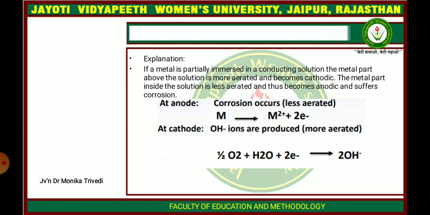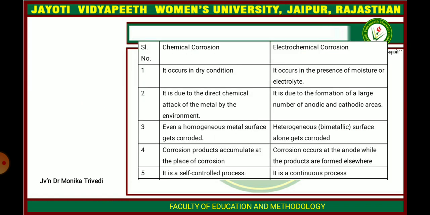At the anode, the less aerated part, M converts into M2+ plus 2 electrons, and at the cathode, which is the more aerated surface, half mole of O2 plus H2O plus 2 electrons gives 2 moles of OH negative.